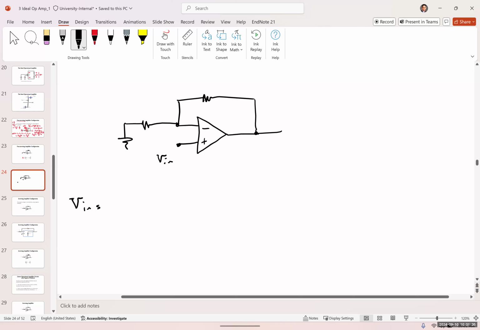So Vn is equal to 3 volts. This is 1 kilo ohms. This is 6.8 kilo ohms. We want to calculate V out. What is V out? I'll give you a few minutes to think on this.